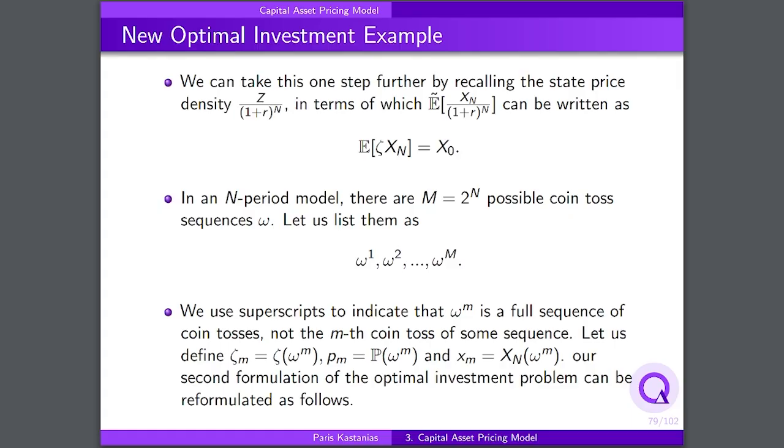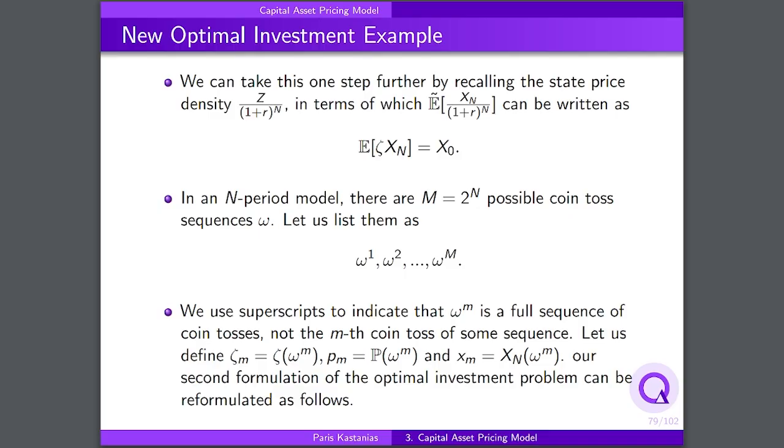We can list them out like this. We use superscripts to indicate that it's a full sequence of coin tosses, not just the mth coin toss. Let us define zeta m to be equal to zeta of omega to the m, pm to be equal to the actual probability of omega to the m, and xm to be capital X N of omega to the m.